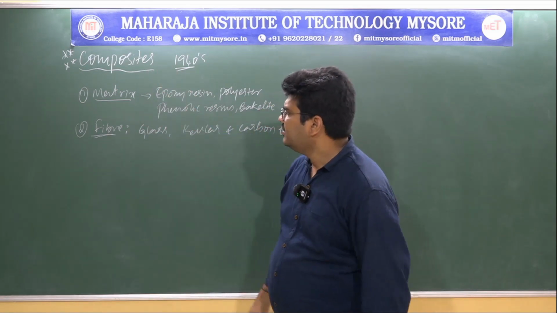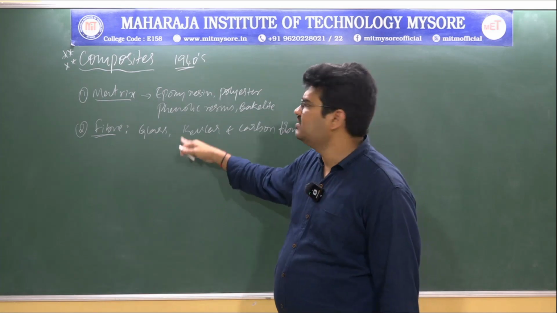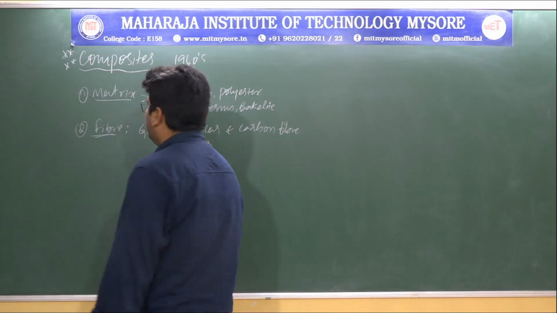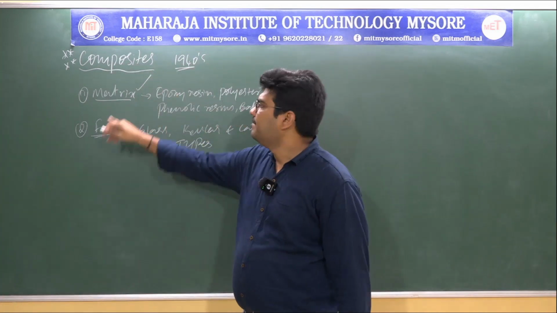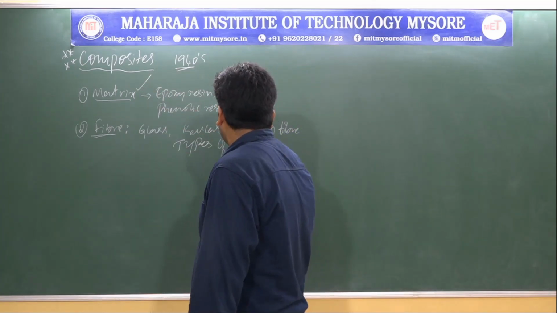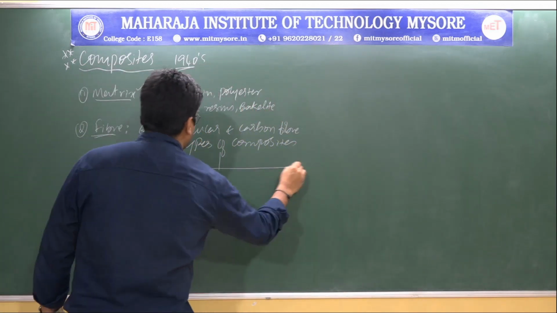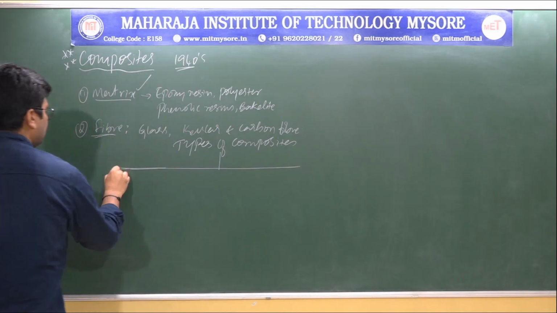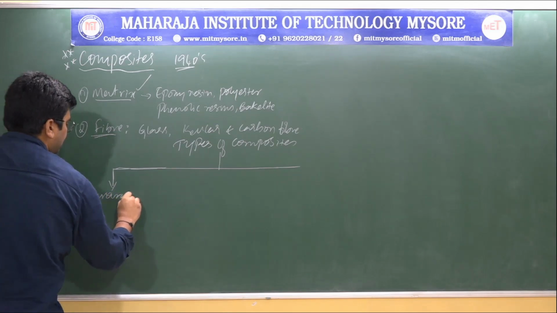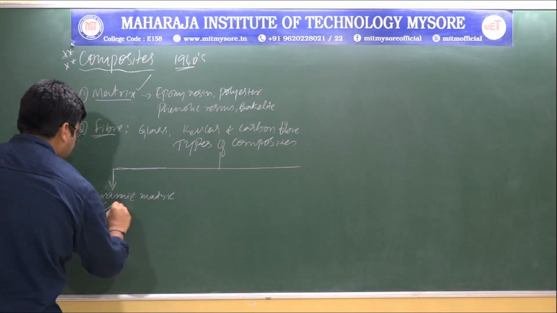Composite materials, right? So if you come and see the classification or types of these composite materials, we can classify these composites into three important types based on the matrix used. Based on the matrix used, we can classify composites into three major types. The first type is ceramic matrix composites.